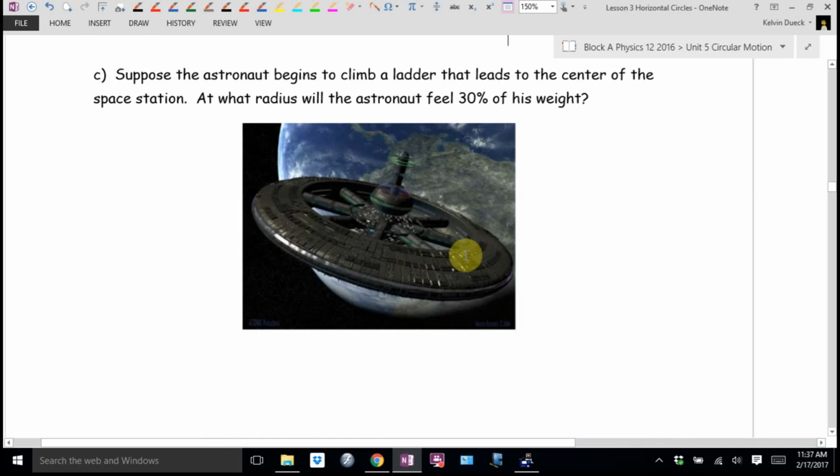Suppose the astronaut begins to climb a ladder that leads to the center of the space station. As he does so, he will feel lighter and lighter. In fact, at the very center, right here, what would he feel for gravity? 0.